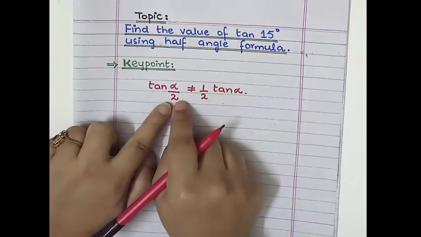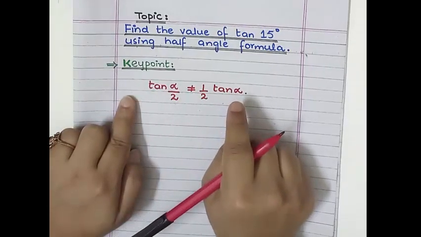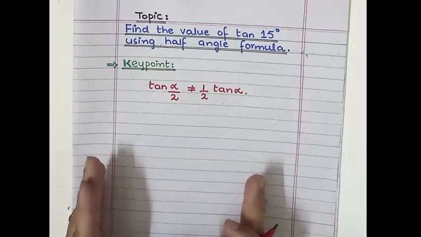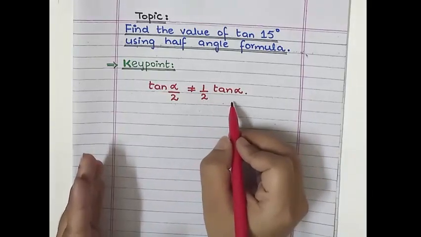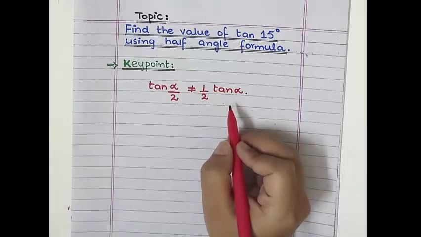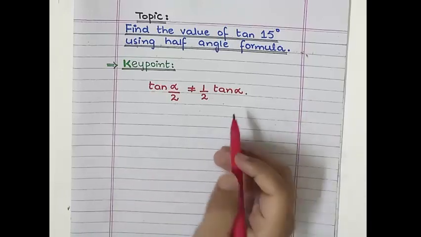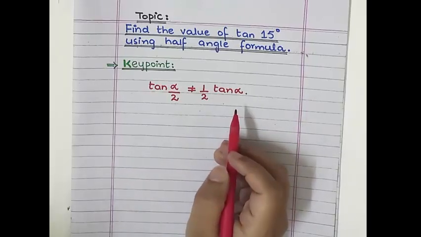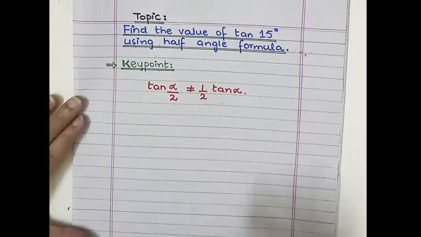They take this 2 outside the expression, then put in the value of alpha and solve the question, and in the end they multiply this 2 with the value and write the final answer, which is a very wrong approach, as I also showed you at the start of my video. So that is not a correct way to solve the question. Now we will do the question using the correct approach.